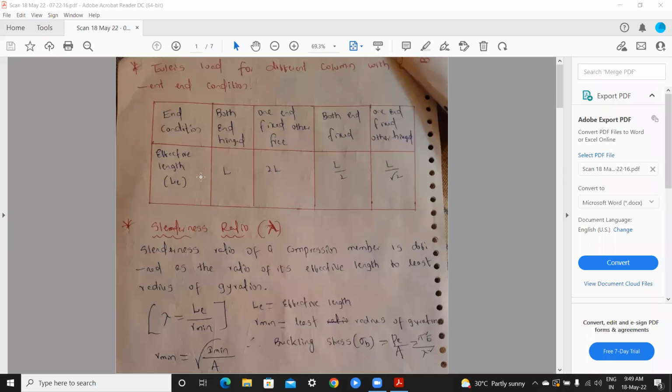So the formula of slenderness ratio is lambda equal to effective length by least radius of gyration. Now we'll see how we can solve a problem with this.